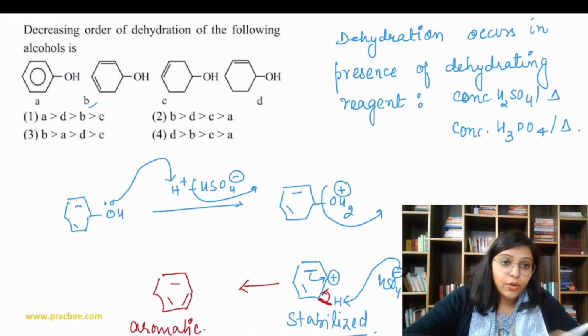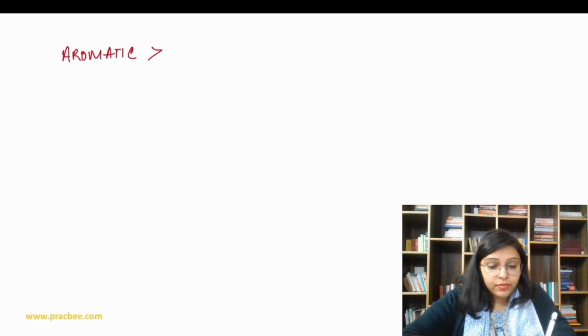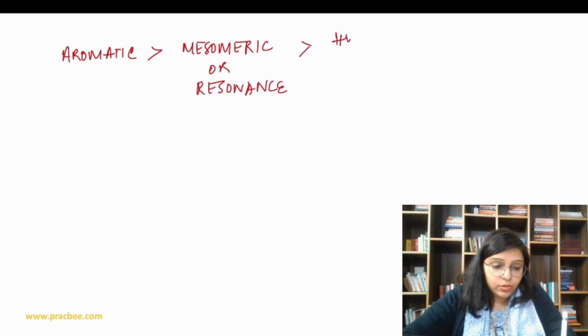And what is the order of stabilizing effects? First we have aromatic, then we have mesomeric or resonance, then we have hyperconjugation, and last we have the inductive effect.